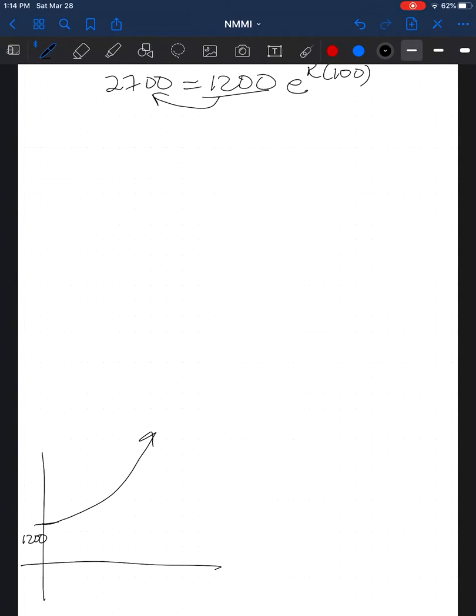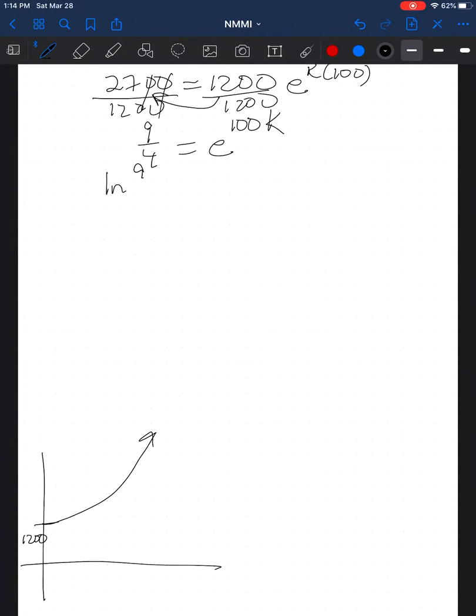Okay, now let's go ahead and solve for k. So we're going to divide by 1,200 on both sides. So the zeros cancel, 3 goes in there, 9, and then there 4. e to the 100k. And then how do we get rid of the e? We take the natural log of both sides.